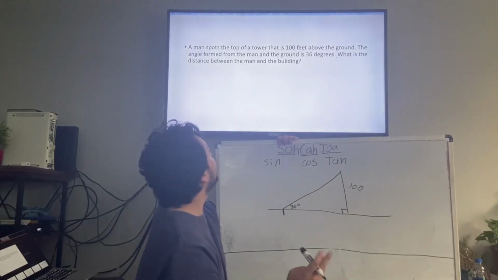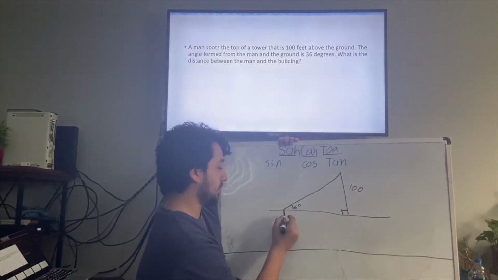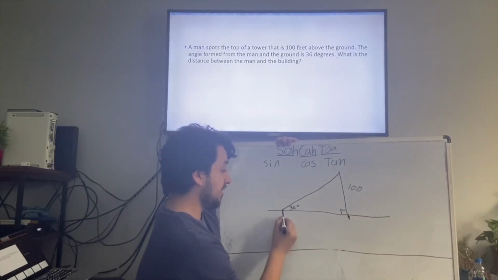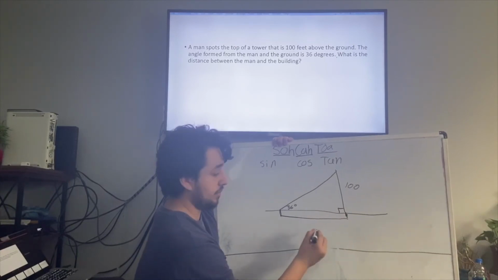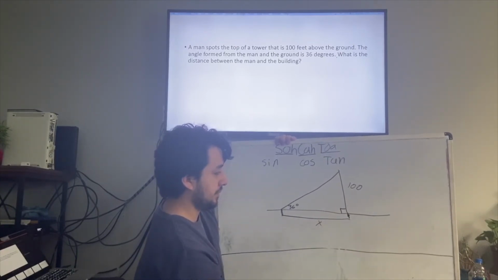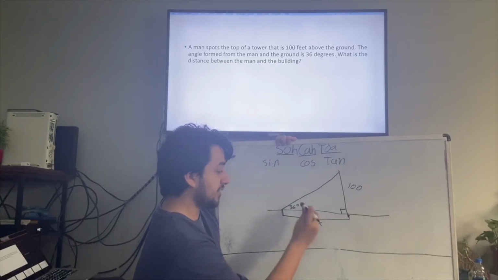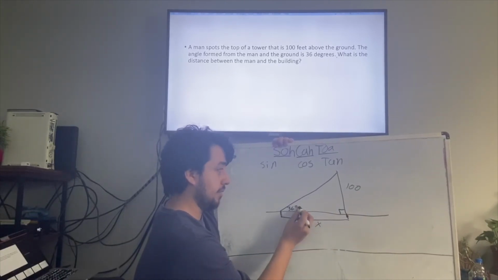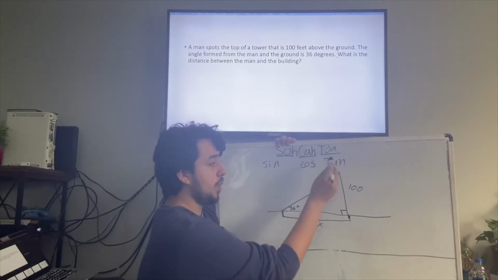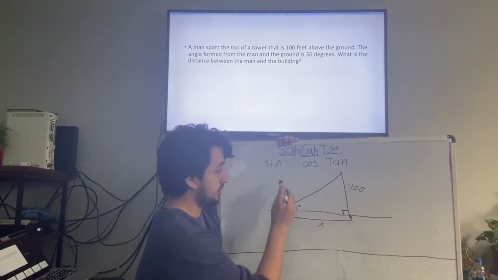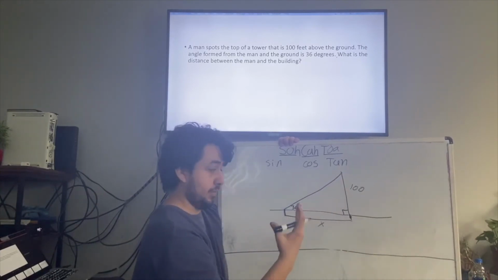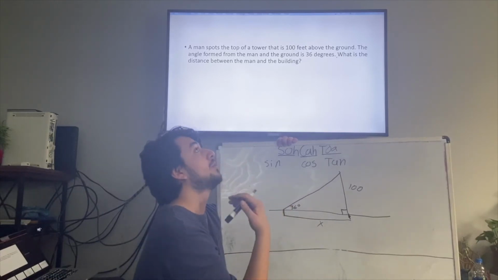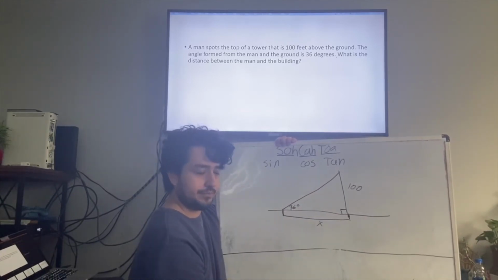Now I ask, what is the distance between the man and the building? So the man is over here, the building is over here. So it's asking for this distance right here. We'll call that our x. Now we're given a side length, a missing side length, and an angle. Based on SOHCAHTOA, which one, sine, cosine, or tangent, are we going to end up using to solve?